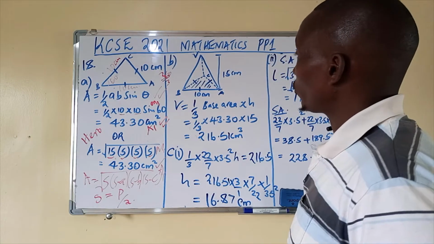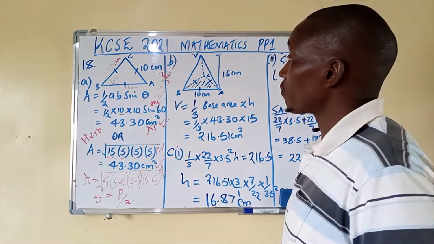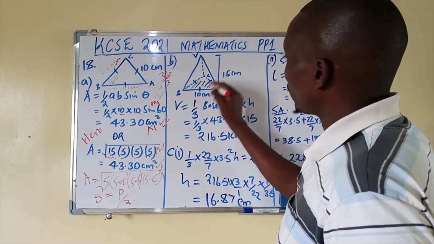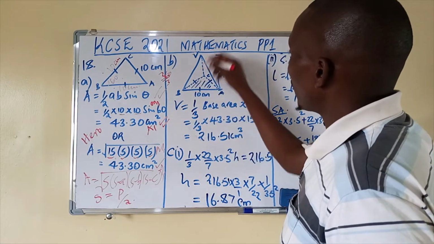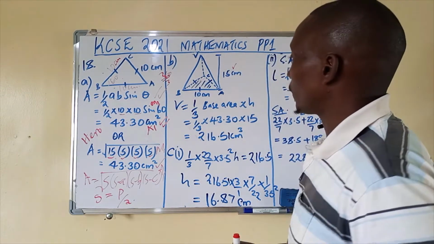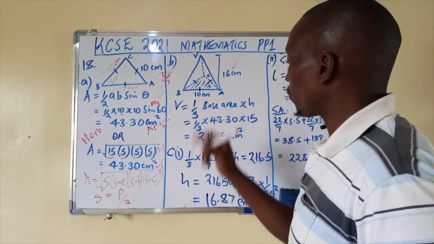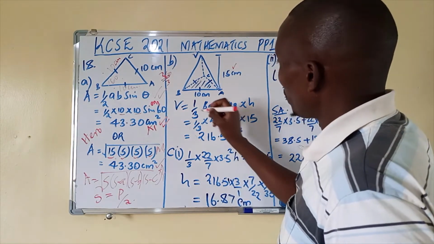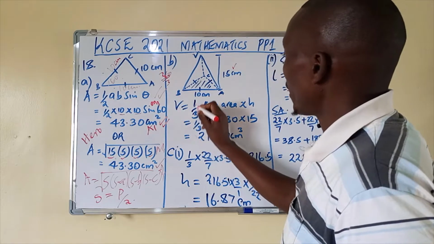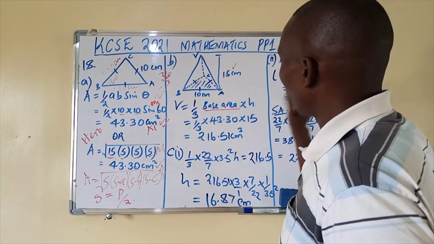Part B of this question, you have that the triangle here forms a base of a pyramid that looks like this. So this is the base, then the pyramid. The height of the pyramid is given to be 15. The question is, we work out the volume of this pyramid. Remember, the volume of a pyramid is given by a third base area times height. This is the height that is given.